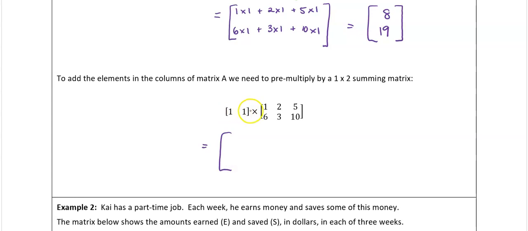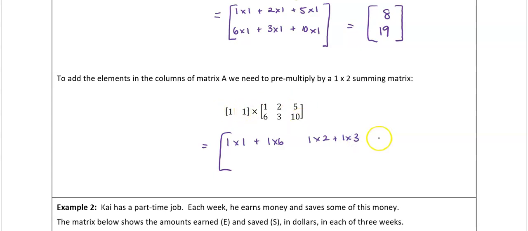Working across our row and down our first column, so 1 times 1 plus 1 times 6. Then in the second position, so row 1, column 2, I've got 1 times 2 plus 1 times 3.